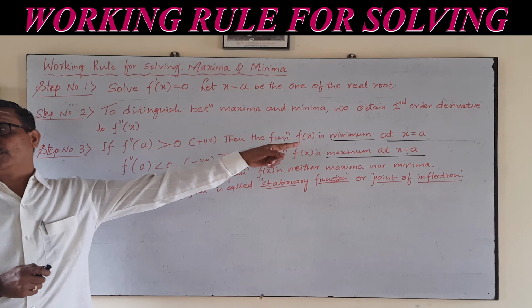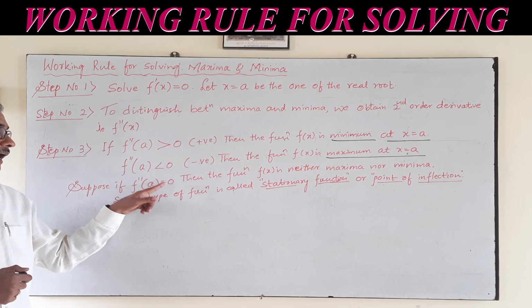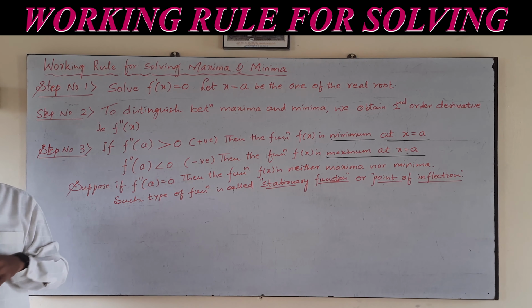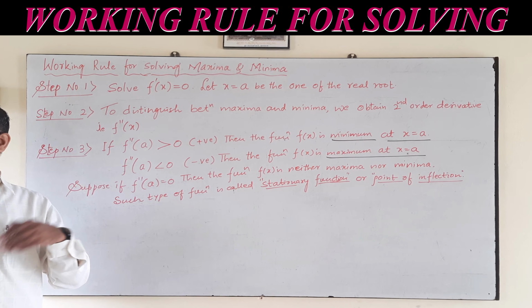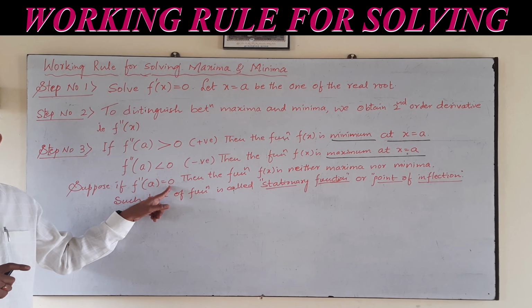Suppose f double dash x at x equal to that root, when you substitute that root in the second order derivative, gives exactly 0, not more than 0, not less than 0, exactly 0, then the function f of x is, remember, neither maxima nor minima. Such a function is known as a stationary function or point of inflection.